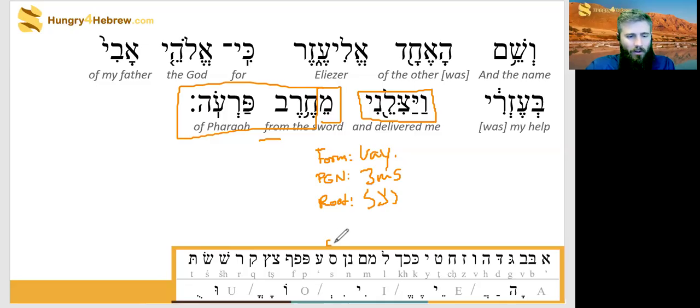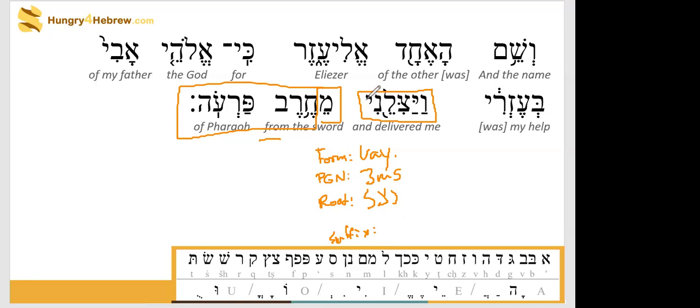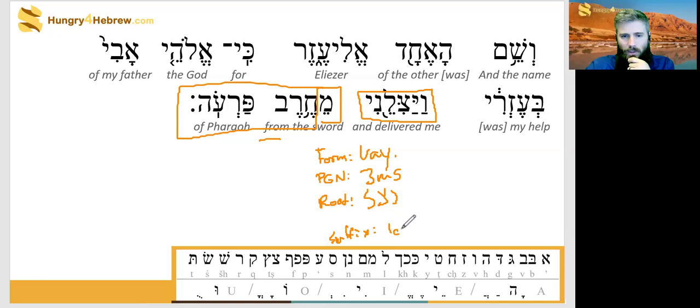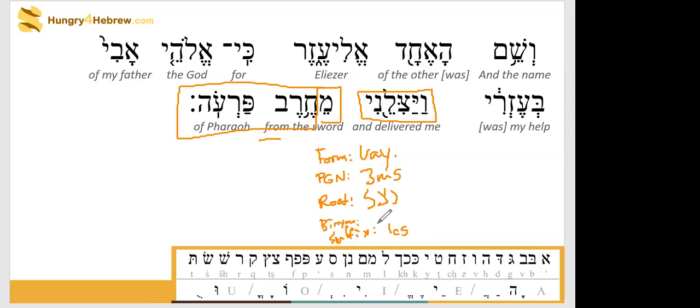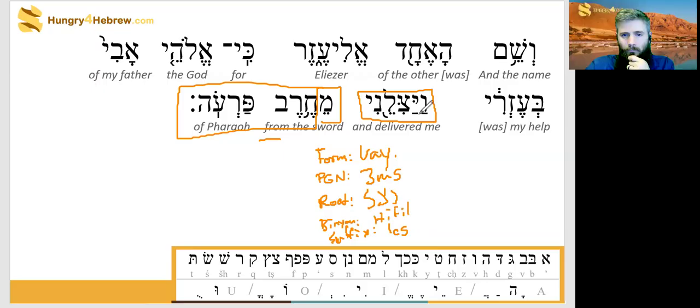Let's call it a suffix. And is it hifil? Any, so that's me, 1cs. And then how do you know it's hifil? The patach under the yod and the tsere under the lamed. So that patach is going to give it away.